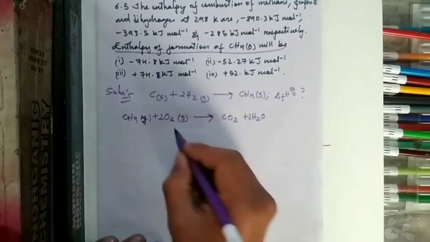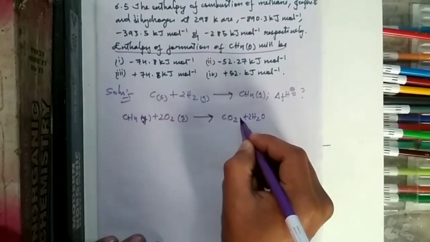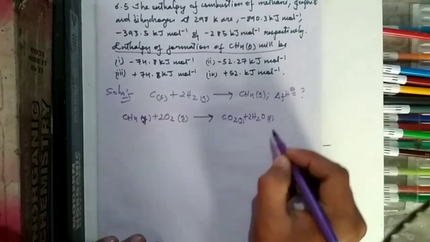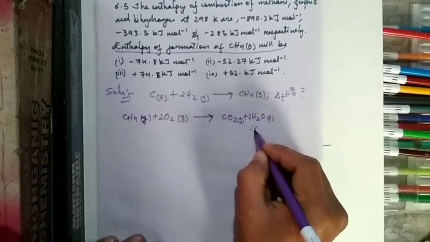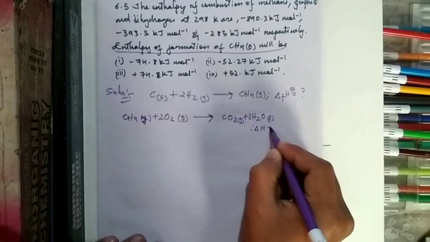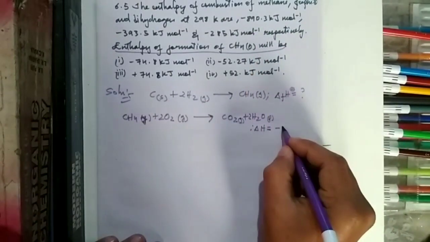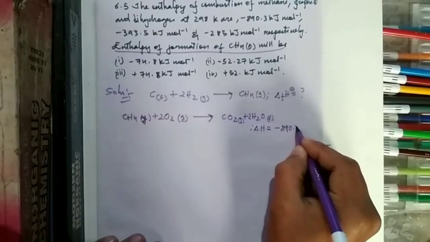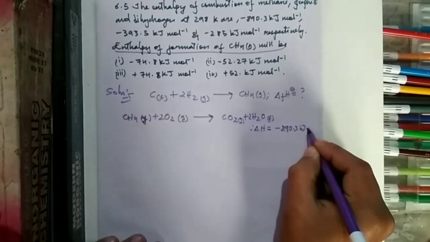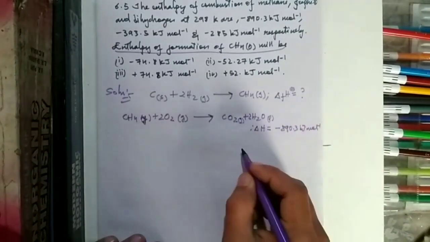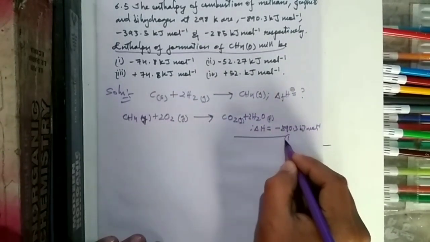Now this will be gas, this will be liquid. Delta H for this is given already, minus 890.3 kilojoule per mole. We'll take this as our equation 1.